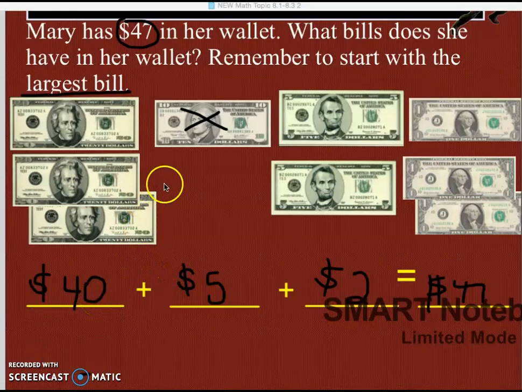So Mary has 20, 40, 45, 46, 47. She has $47 in her wallet. So we were able to figure out the bills Mary had in her wallet. Great job, guys.